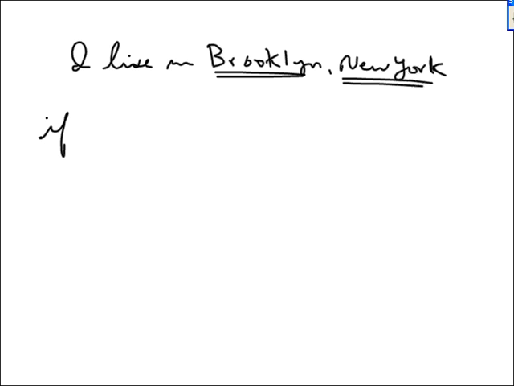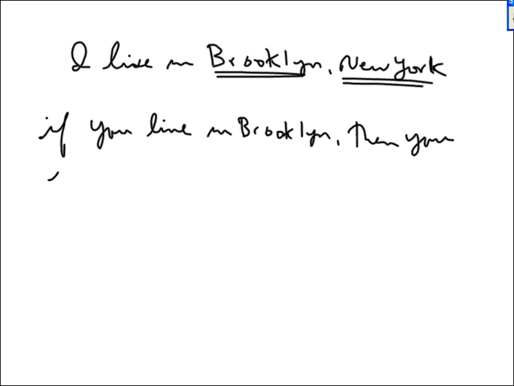So, if you live in Brooklyn, then you must live in New York State. Actually Brooklyn is part of a city in New York State, but let's not get into that. If you live in Brooklyn, then you live in New York or New York State.